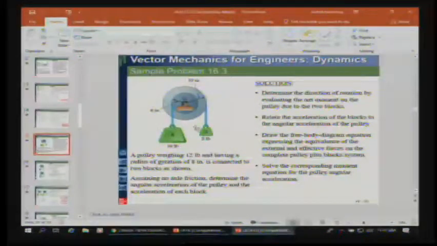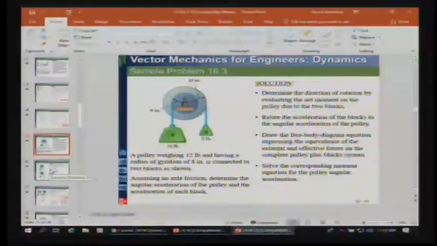So in other words, we have weights, and we also have a rotational acceleration for this pulley, because both of them are going to create an alpha around the center, and the center is also the point where everything's going to happen, because it is secured. There's a fastener at that point.